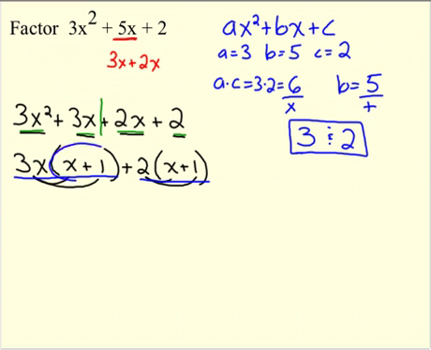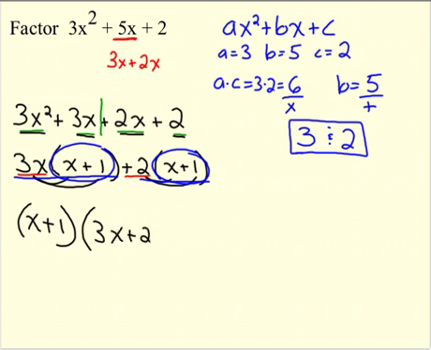Well, there's an x plus 1 in the first one, and there's an x plus 1 in the second one. So I can divide that x plus 1 out. When I divide it out, they cancel out, and what's left? Well, there's still this 3x left, and there's still this plus 2 left. And so that's my second binomial, 3x plus 2.